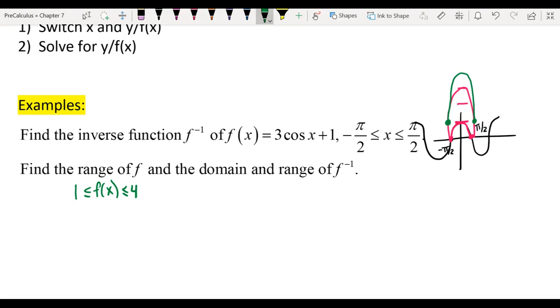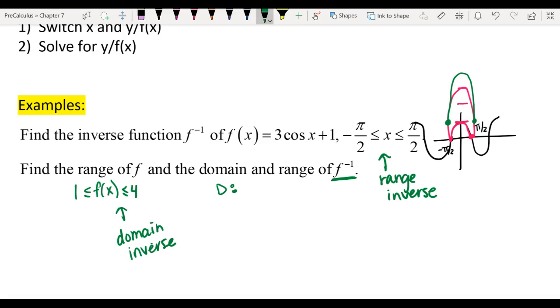this is going to become my x values. So our domain of the inverse of f, these switch. So now this is going to be my range of my inverse, and this is going to be the domain of my inverse. Your domain and range switch, just like your x and y switched.